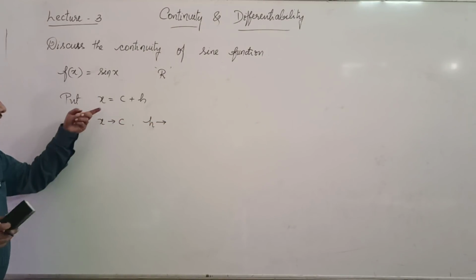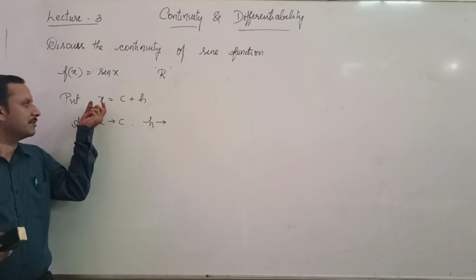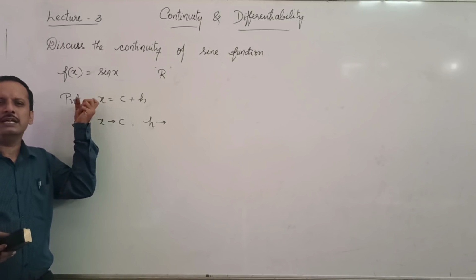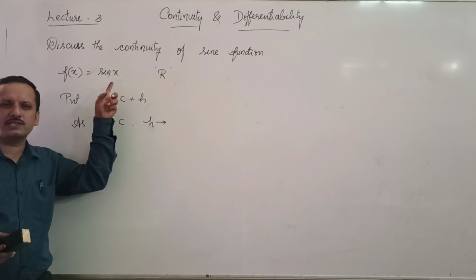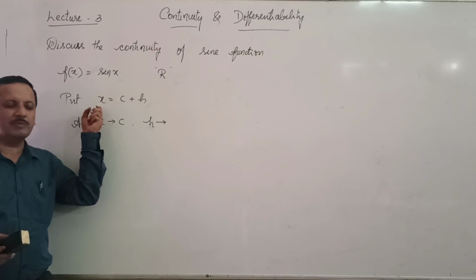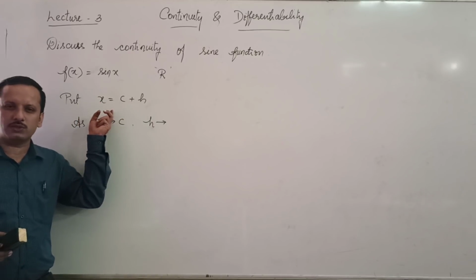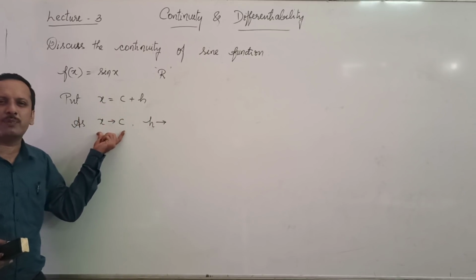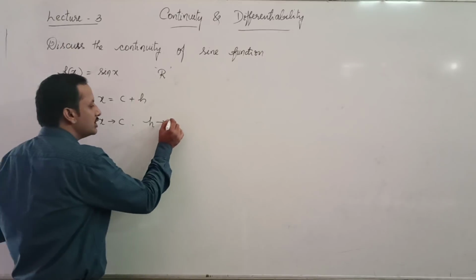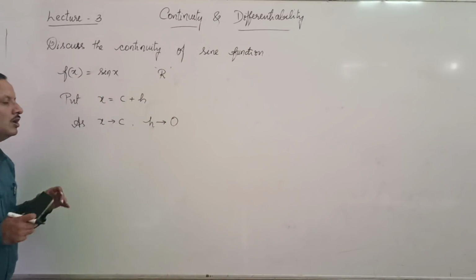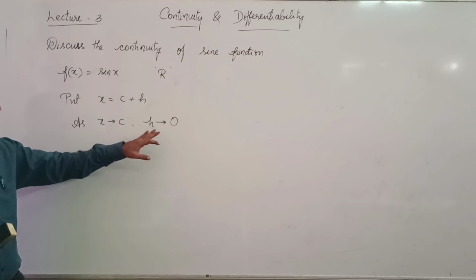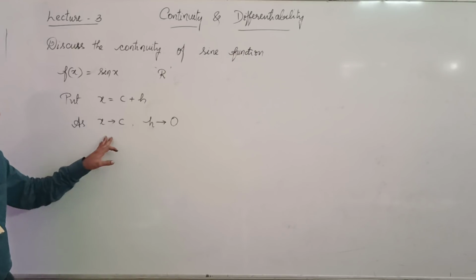When I put x is equal to C, h will be equal to 0. So when x approaches C, then h will approach 0. So as x tends to C, h tends to 0.